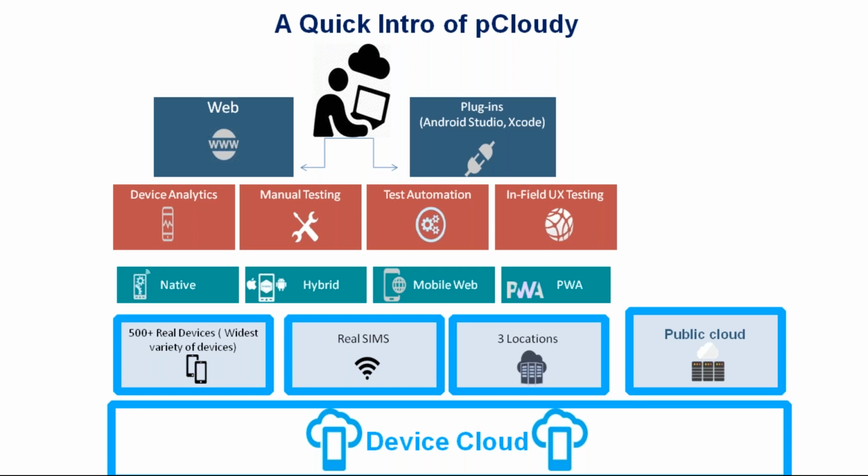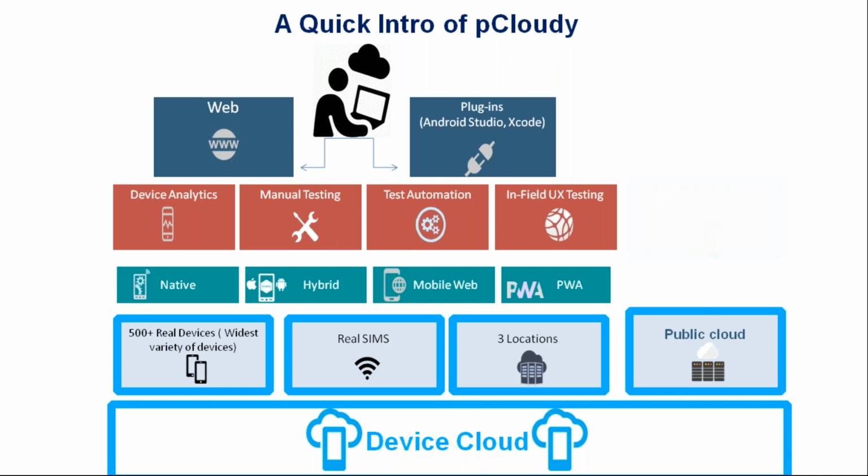We do have devices with real operator SIM. So in case you want to test your application with real cellular networks, you can use these devices to test your applications. And we have three different locations. Our data centers are located in India, US, and Australia. So you can use the devices from any location to test your application.